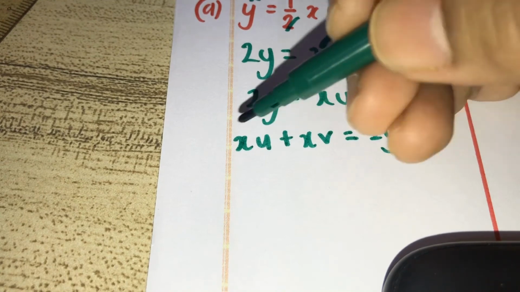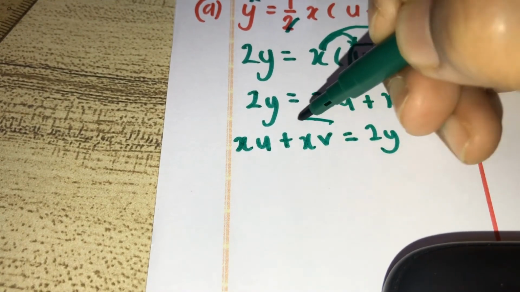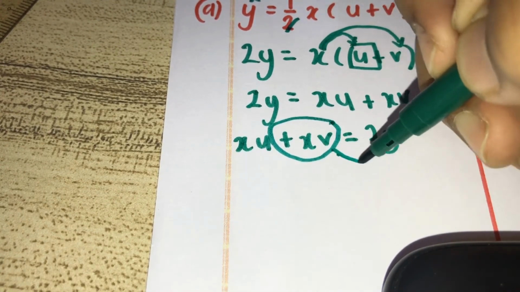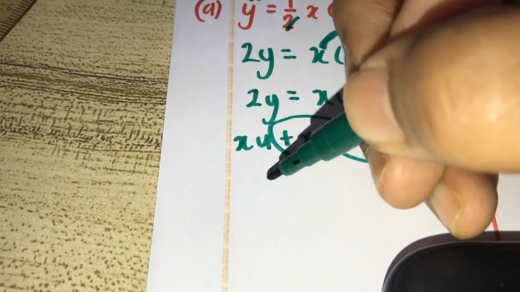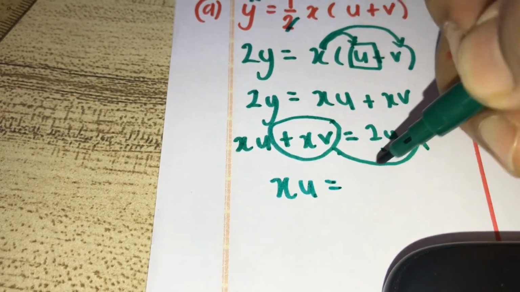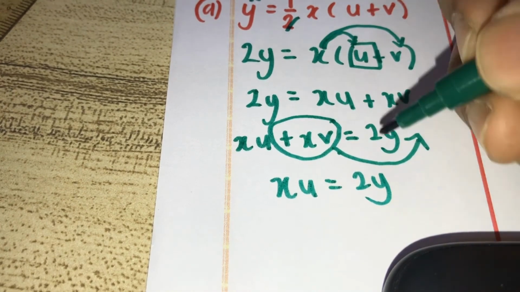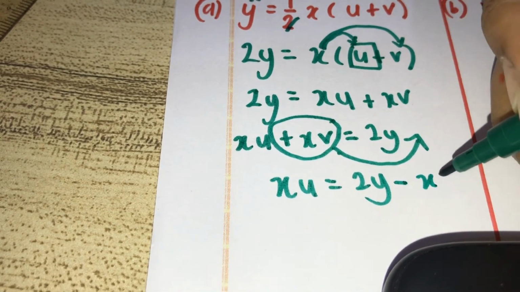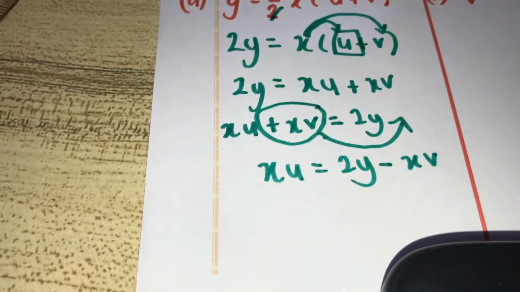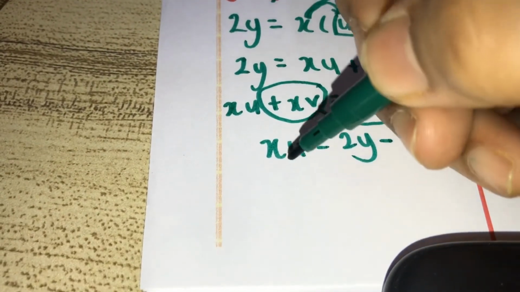Now because u is the subject formula, you can move this to the right. So it becomes xu equal to 2y. This one positive, move to the right becomes minus xv. Then u as the subject formula means u alone.